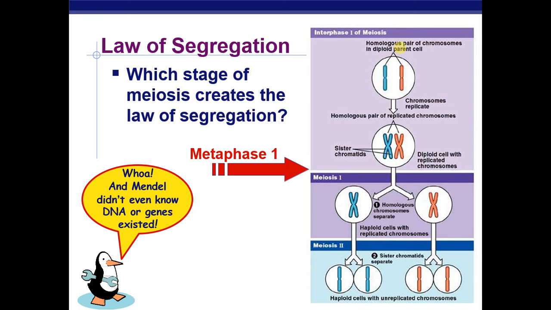So it's not completely necessary to talk about that first. I like to talk about meiosis and the DNA stuff second, so you can really appreciate how much of his work didn't rely on knowing about DNA or chromosomes. We'll probably talk about meiosis more on Thursday and then put it together.